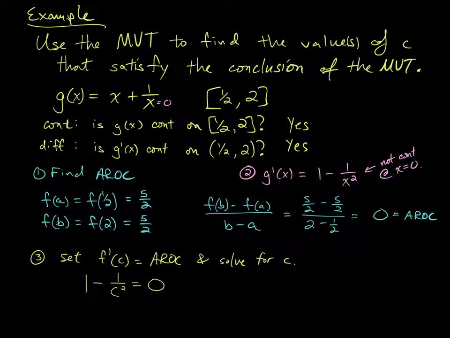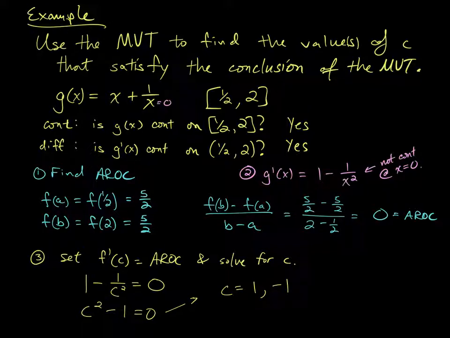This is what g prime of c equals the average rate of change looks like. When you solve for c, the first thing you're going to want to do is multiply both sides by c squared, thereby getting the c out of the denominator. That leaves you with c squared minus 1 equals 0. If you solve this for c, you should get that c equals 1 and c equals -1.